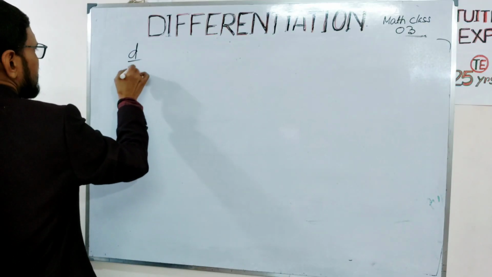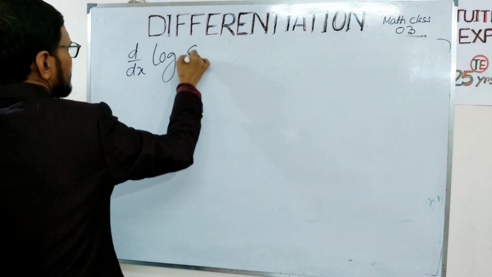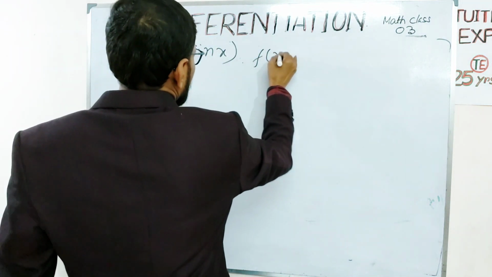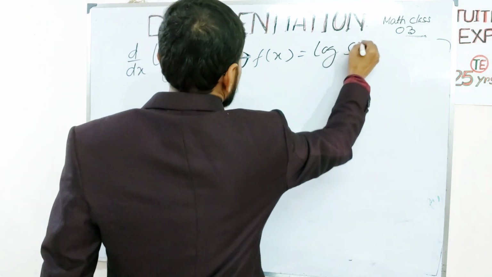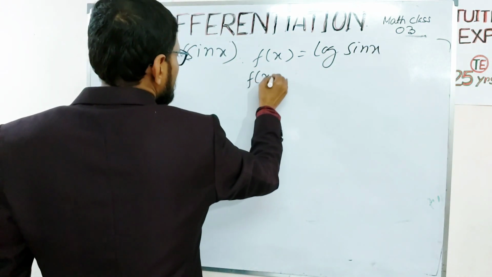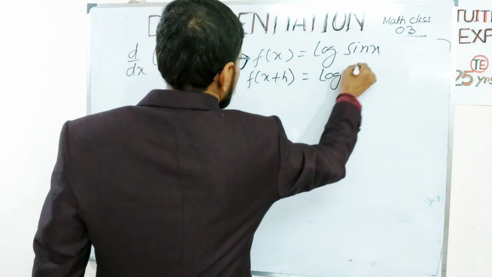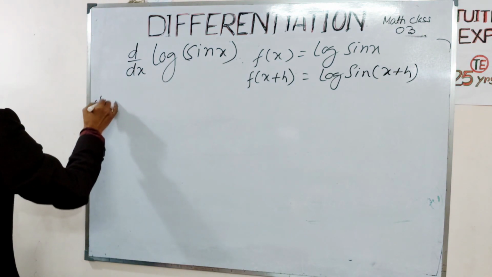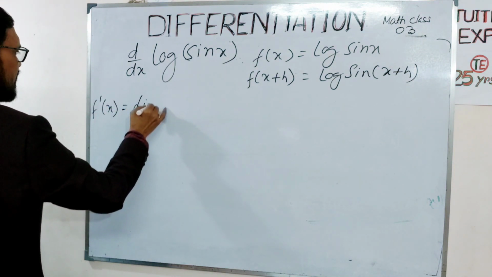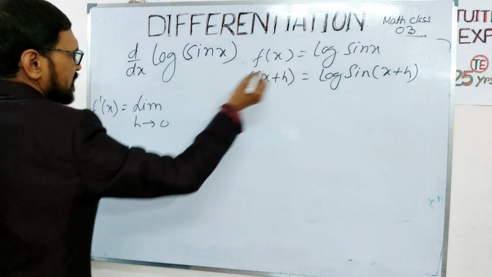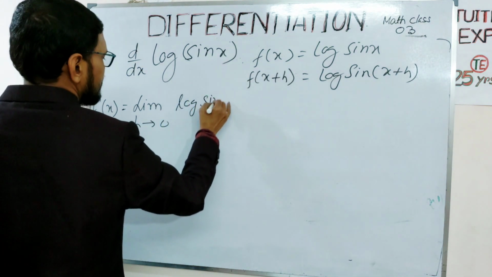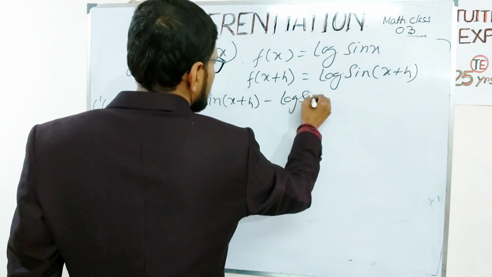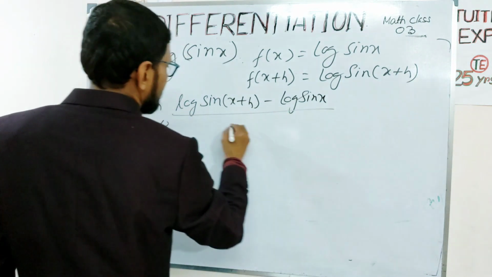Now dy by dx of log sin x. So here if f(x) equal to log sin x, f of (x plus h) becomes log of sin (x plus h). So f dash x becomes limit h tends to 0 of f(x plus h), that is this, minus f(x), log sin x, by h.